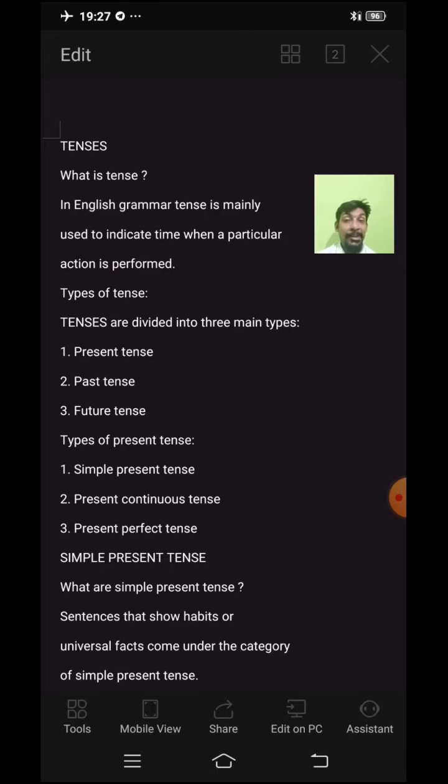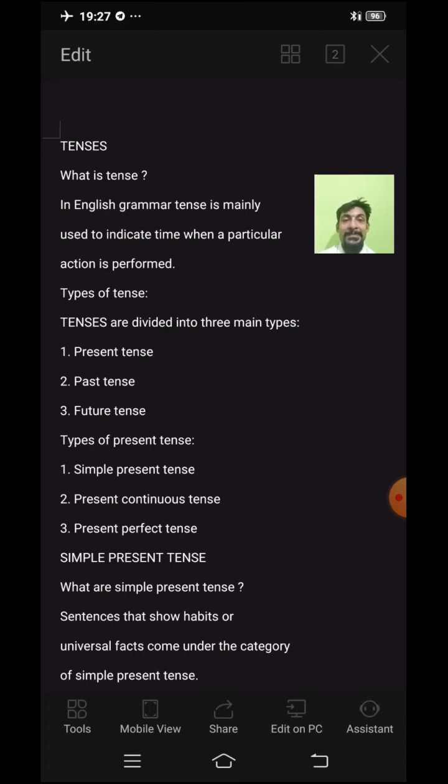And today in this video lecture, the chapter which I am going to start is tenses for standard 4. My dear students, this particular chapter has a series of different chapters. And this chapter, especially, is considered to be the most important chapter in English grammar.